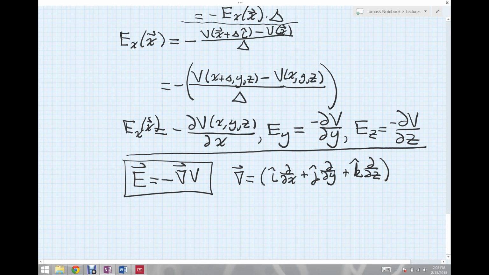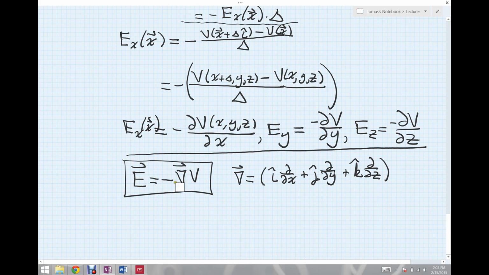Now, the beauty and the use of this result is as follows. As we had already commented, calculating the potential is a much easier job than calculating the electric field. There's no trig, there's no Cartesian form, there's no 1 over r cubed, or something to the 3/2 power. It's just a simple scalar value that you have to integrate.